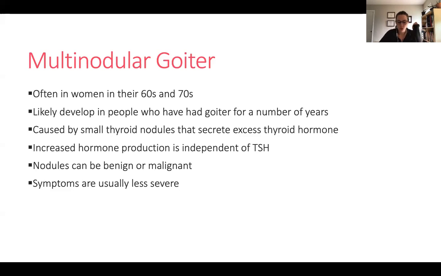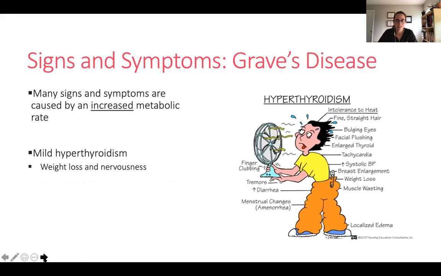The increased hormone production is independent of the TSH, and the nodules in the thyroid can be benign or malignant. With the multinodular goiter, the symptoms are usually less severe than in Graves' disease, where there's an excessive secretion and synthesis. So for the signs and symptoms, there's a little picture to help you remember.